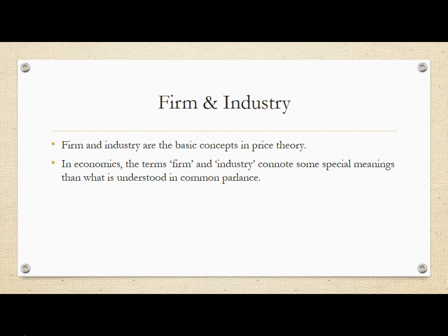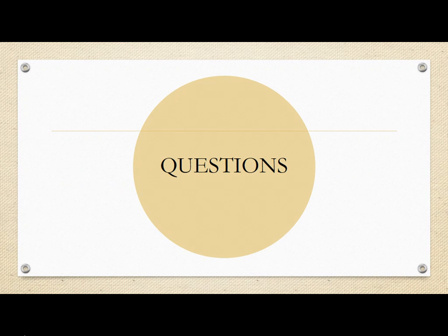In fact, grouping all the firms, big and small, according to the most prominent characteristics they have in common constitutes an industry. In this way, an industry may be considered as a classification of a number of firms having common characteristics with regard to production activity.